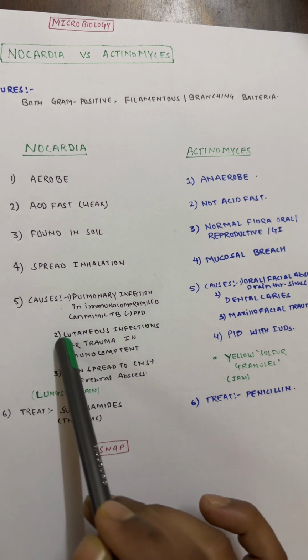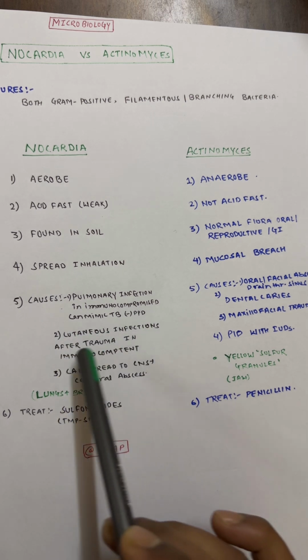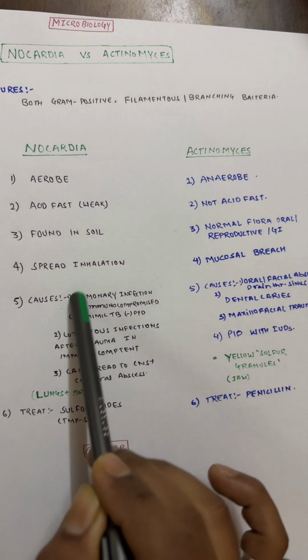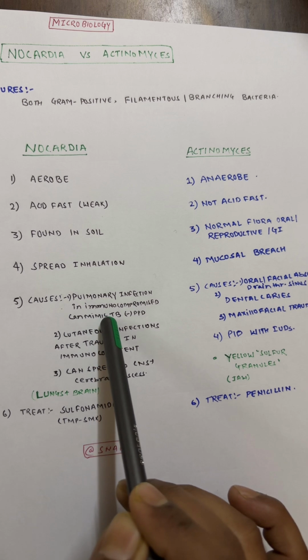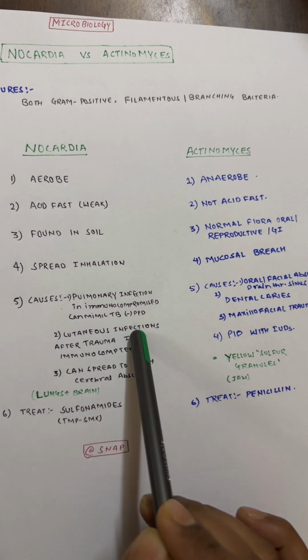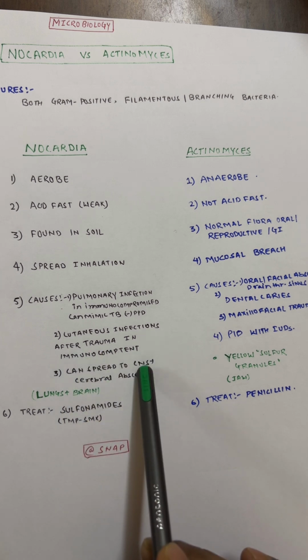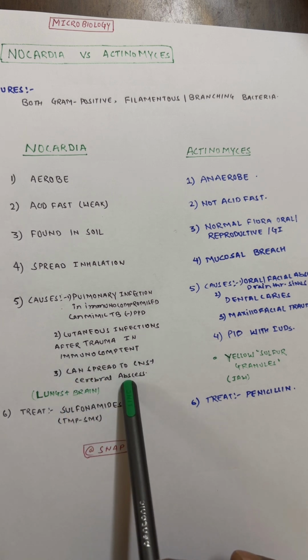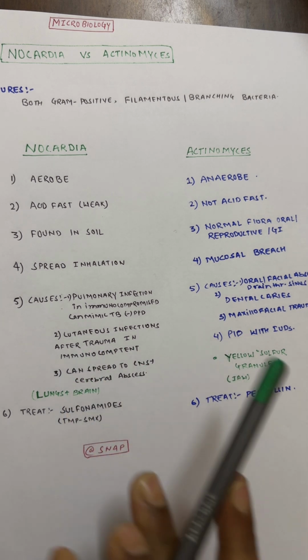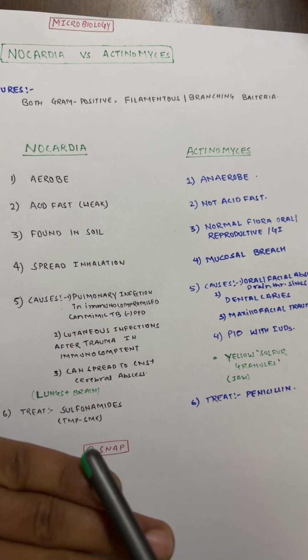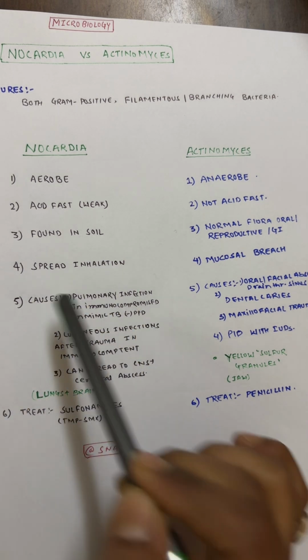It also causes cutaneous infections after trauma in immunocompetent patients. In the immunocompromised it causes infections that mimic TB, but in the immunocompetent it causes cutaneous, that is skin, infections. It can also spread to the CNS, where it causes cerebral abscess. So we can remember three: lung infections, cutaneous infections, and one in the brain, caused by Nocardia.